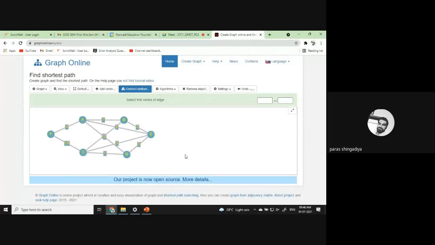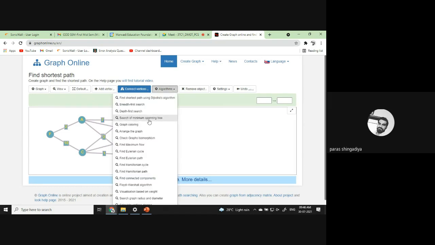Clear? That is, the weight is mentioned. The graph is like that. And these are the weights of this graph: 2, 7, 3, 1, 2. Now let us check its minimum spanning tree.